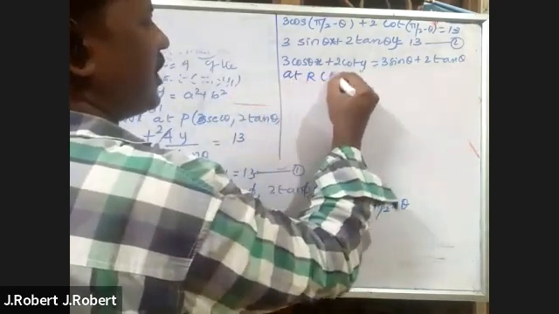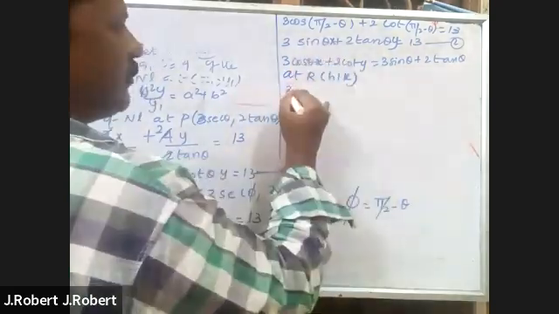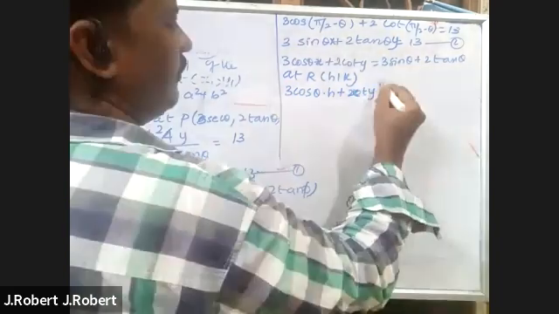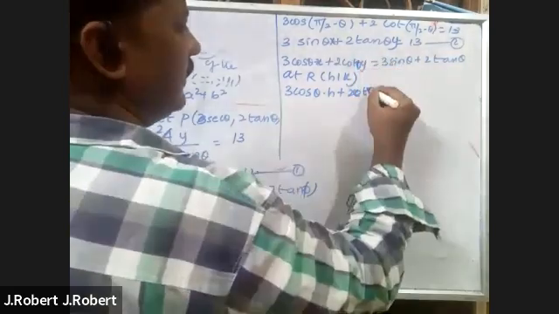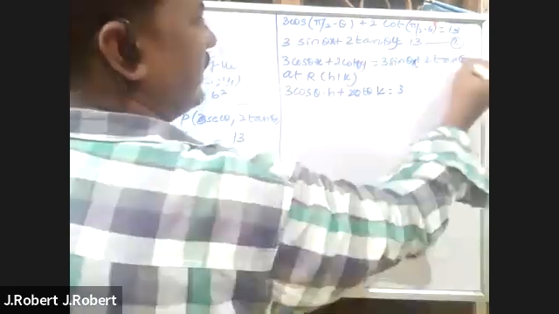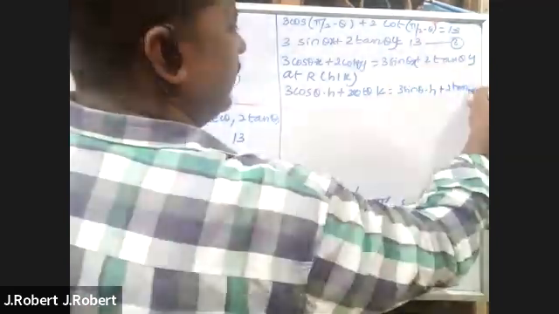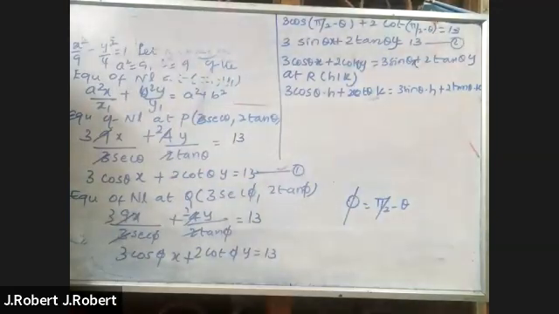Because we have taken the point of intersection as R(h, k). So this equation becomes 3 cos theta into h plus 2 cot theta into k equals 3 sin theta into h plus 2 tan theta into k. If you change h, k in the equation beforehand, it will be easier.